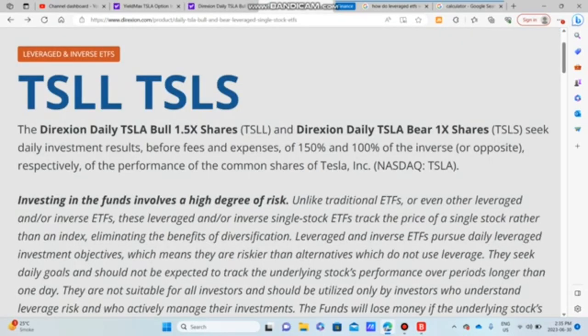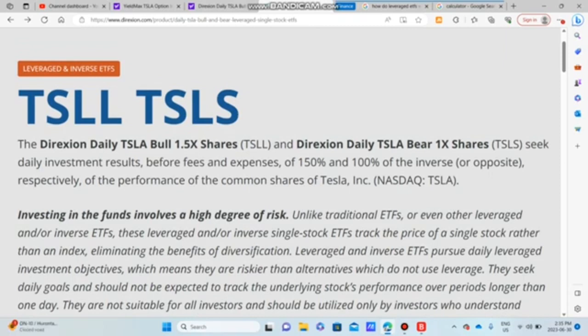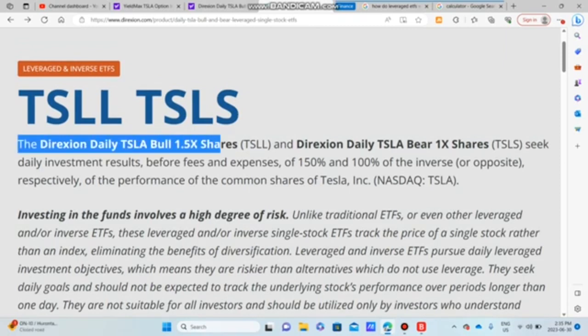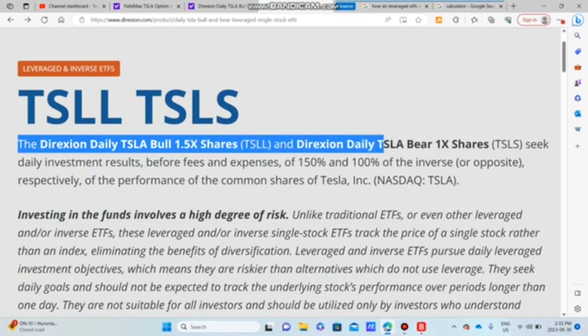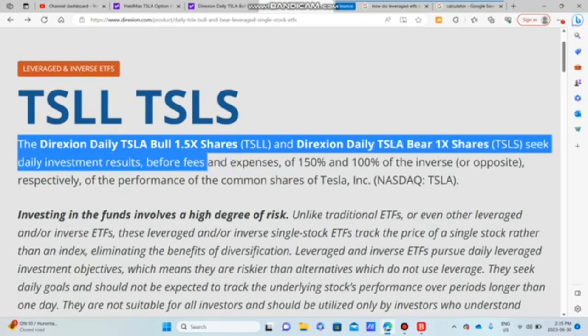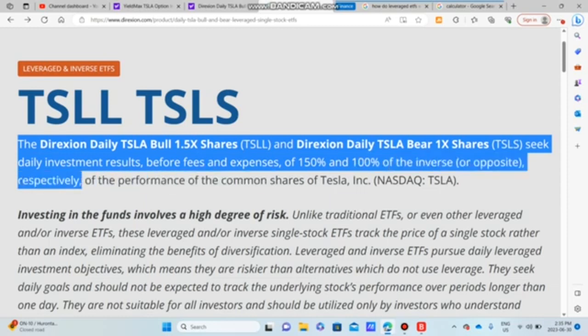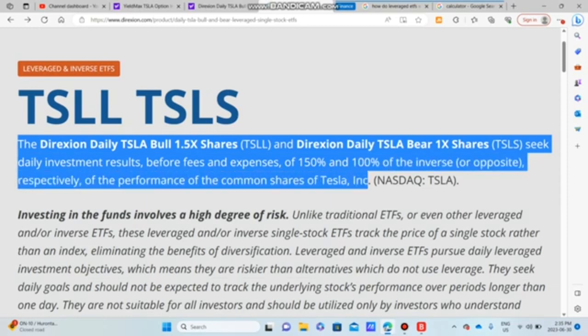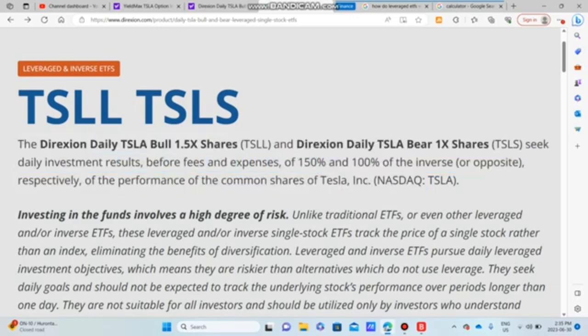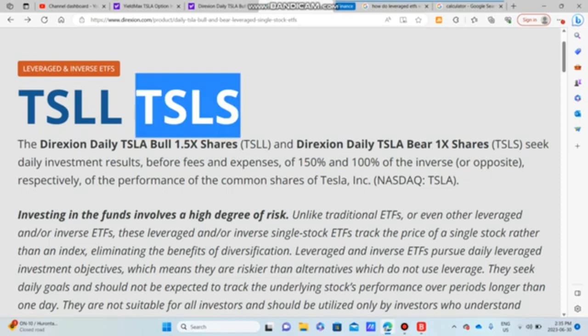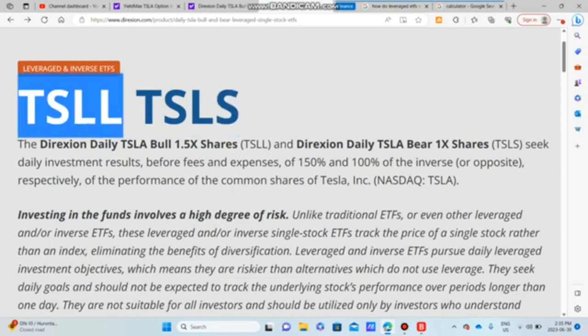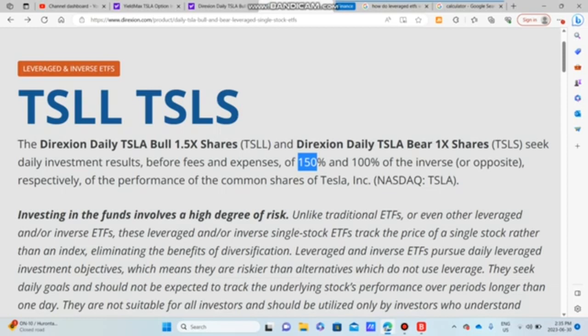Well, going into their website, what they say is the Direxion Daily TSLA Bull 1.5 times shares TSLL, and Direxion Daily TSLA Bear 1 times shares TSLS, seek daily investment results, before fees and expenses, of 150% and 100% of the inverse or opposite, respectively, of the performance of the common shares of Tesla Inc., TSLA. So basically, what TSLL does, because we're not talking about TSLS, we're talking about TSLL, they want to get 150% of what Tesla shares do.